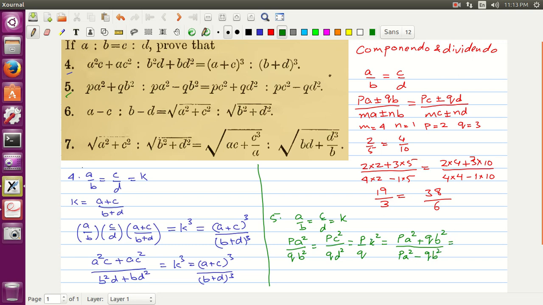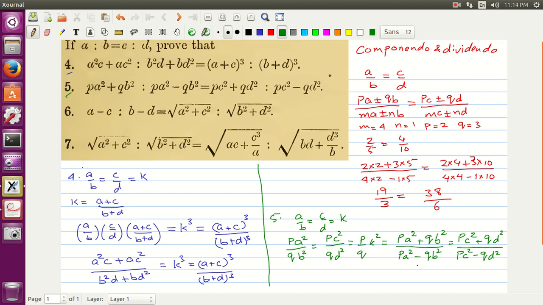So what we said in componendo and dividendo, that whatever we do on the right hand side, if we do the same thing on the left hand side, we'll end up getting the same result, correct? So this should be equal to PC square plus QD square by PC square minus QD square, and we are done, right? So this is what we had to prove in the fifth problem.